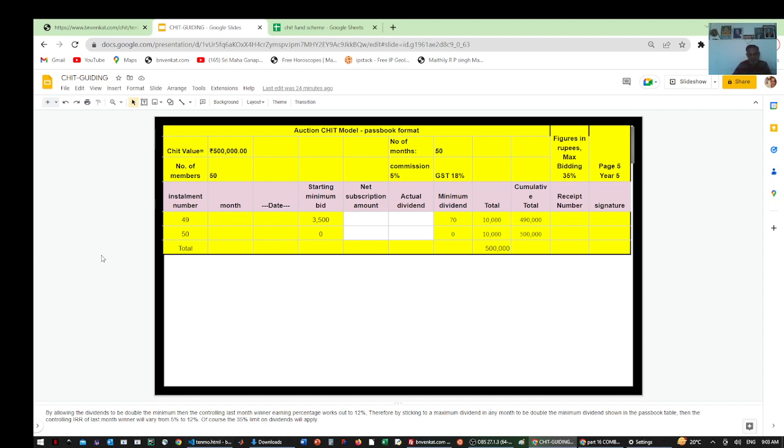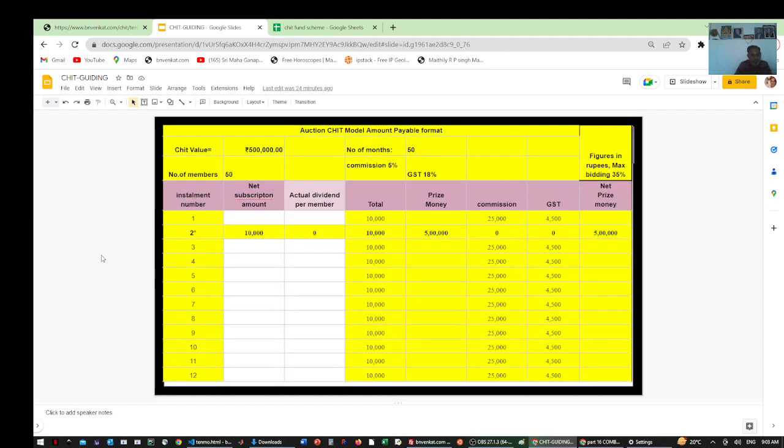Now, next is the amount payable format. This is already discussed, and it is in the individual member passbook. This additional table can be printed, with 1 year of installments per page.